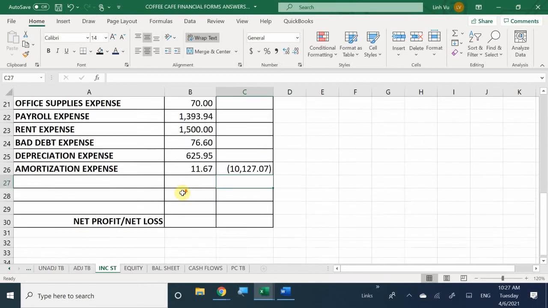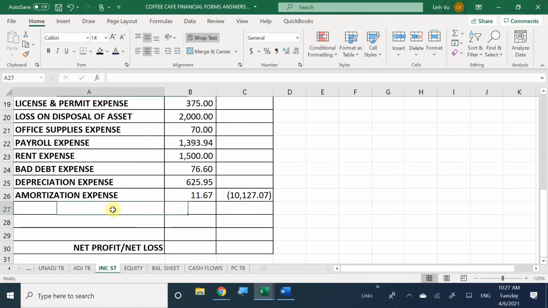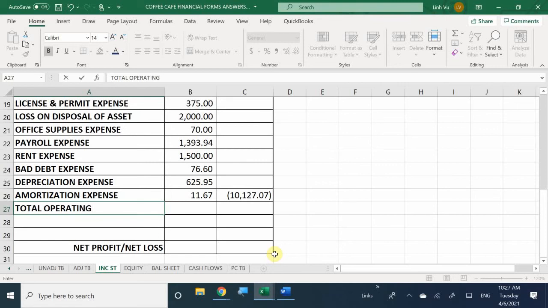Okay? So that's all the operating expenses that I've encountered. So I'm going to go ahead and put total. I think I should have put this first. Total operating expenses.